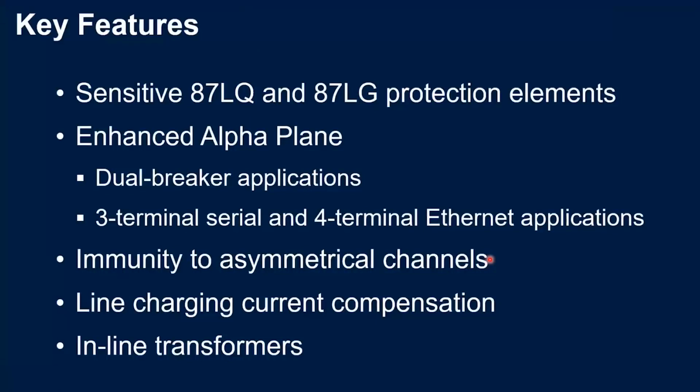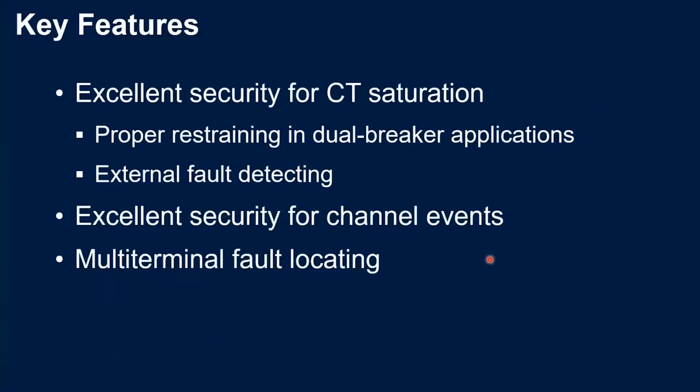We saw we can implement the line charging current compensation and the inline transformer. We saw that it offers excellent security for CT saturation with proper restraining in dual breaker application and external fault detection. Excellent security for channel events, mostly because of the last part I was telling you about, the disturbance detection. And it also has multi-terminal fault locating.